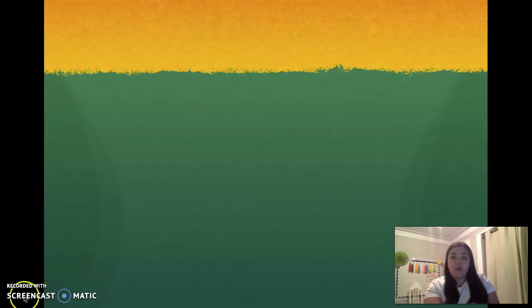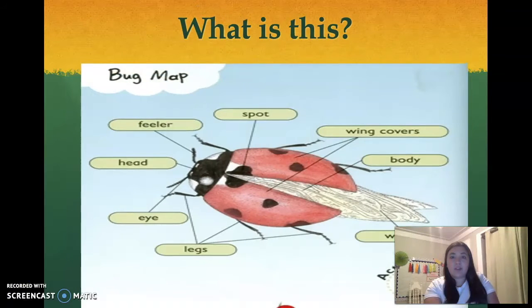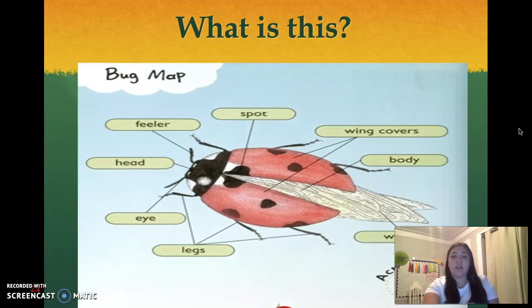And so I'm going to go back to the picture. So here's the picture, and it's showing us different parts of something. It's showing us parts of the ladybug. And then these are the labels. I know a lot of y'all know what labels are. A lot of y'all have been labeling your science work, and y'all like to label some other things y'all draw. But this whole picture is called a diagram.